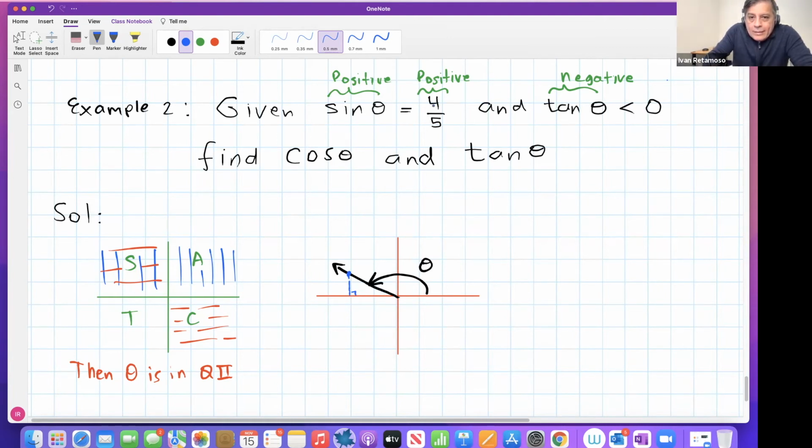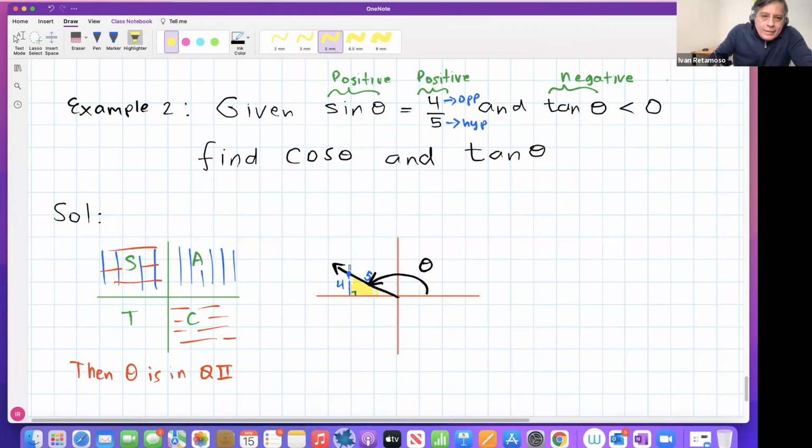Since I know that sine is opposite over hypotenuse, let this height be 4 and let this length be 5. Follow, guys? So I'm focusing all my attention on this little triangle.